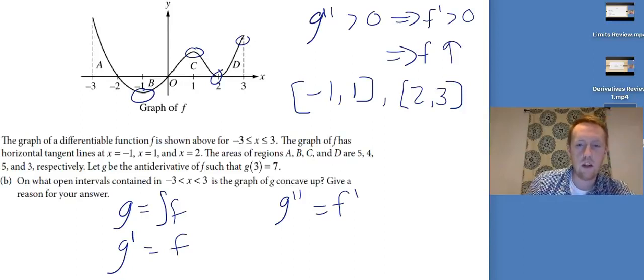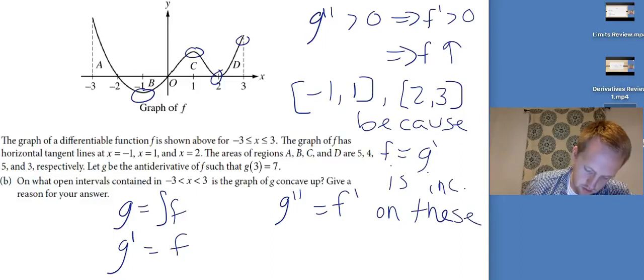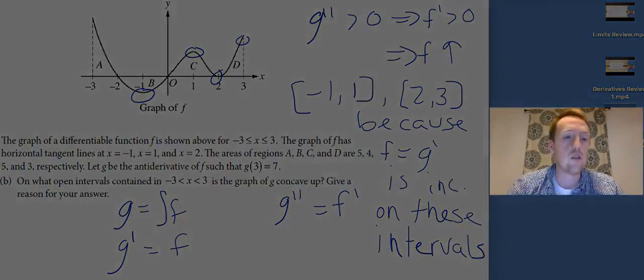So -1 to 1 and 2 to 3 because f is increasing here. Okay, so we had a lot of logic going on there relating derivatives and integrals, but that's kind of the nature of these FRQs.